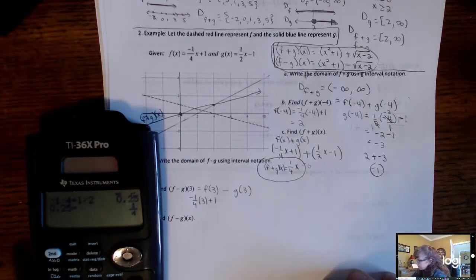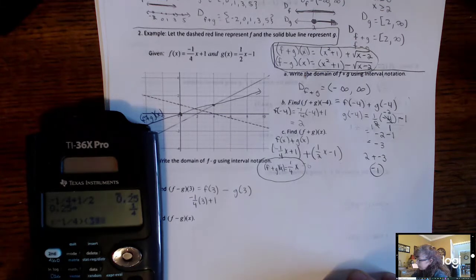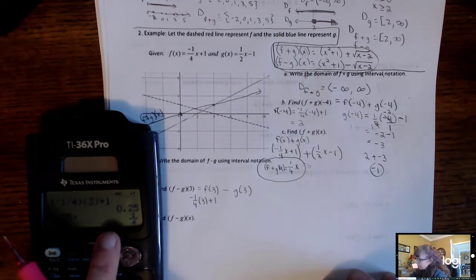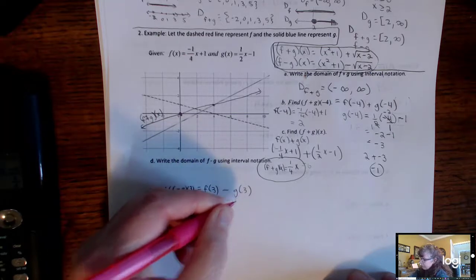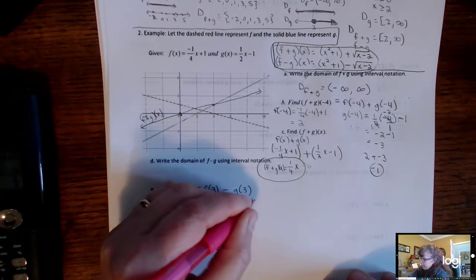So that's negative 1/4. And I just like to use parentheses. And if you haven't caught it yet, that division is how you get the fraction in there. Times 3 plus 1. And I'm going to get a decimal. I'm going to use the squiggle and get 1/4. So this is 1/4. And then g of 3 means 1/2 times 3 minus 1.